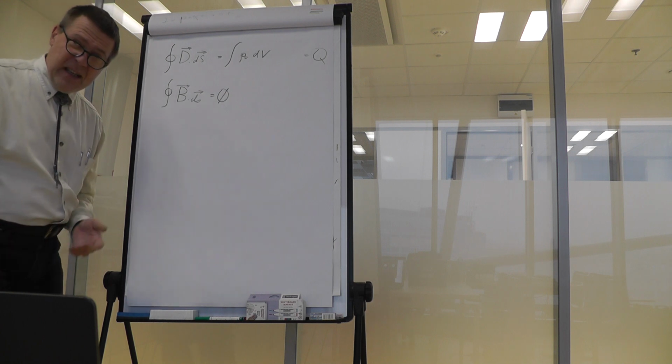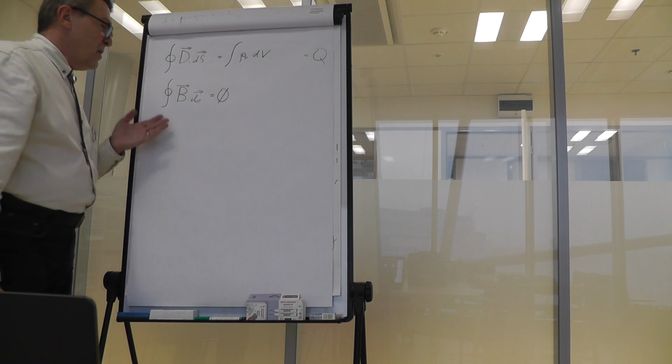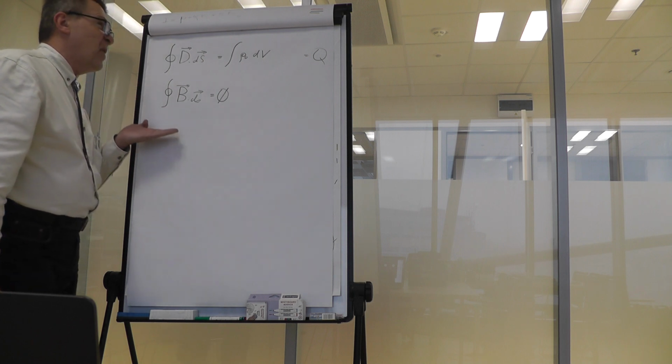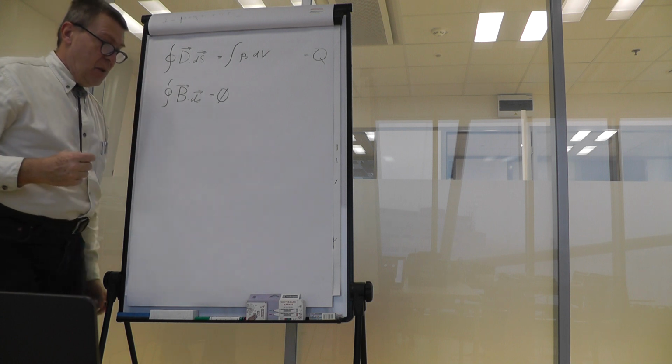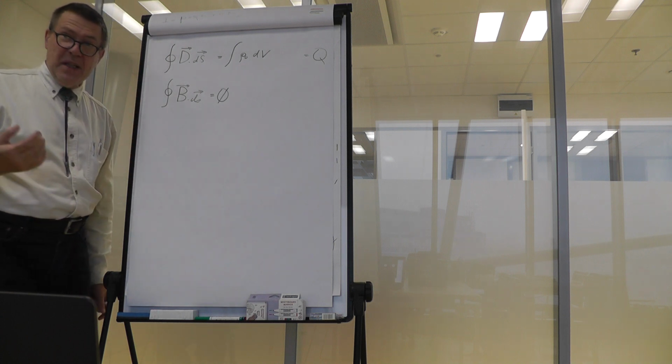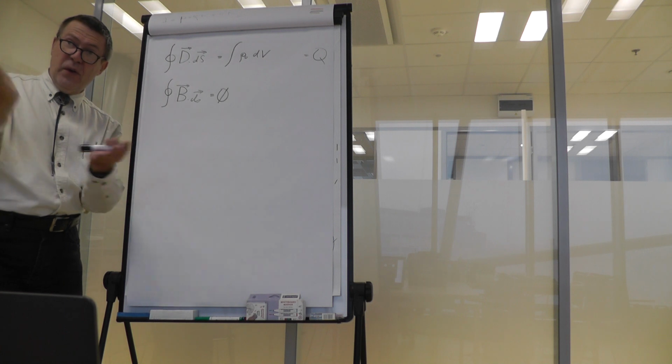So we have the second Gauss, or the second Maxwell equation in integral form. Those are the two equations that tell us what happens with integrals over a closed volume.